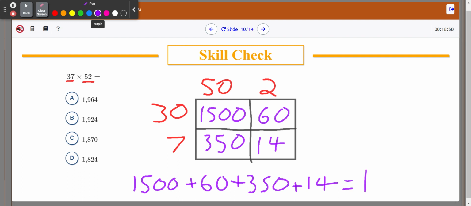And so the answer comes out to 1924, which we can see is one of our options. So that's using the area model and partial products. Again, these are three different ways of doing multiplication. Whatever you're most comfortable with, you should get the same answer no matter how you try to solve it.